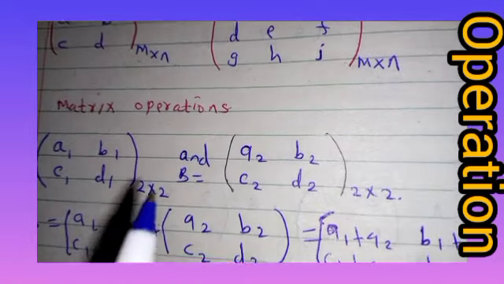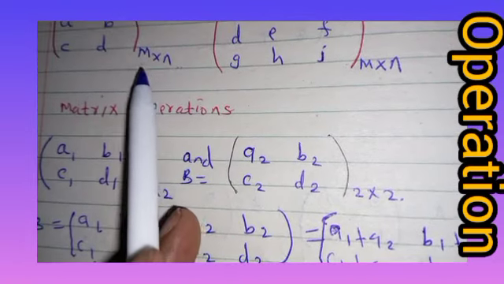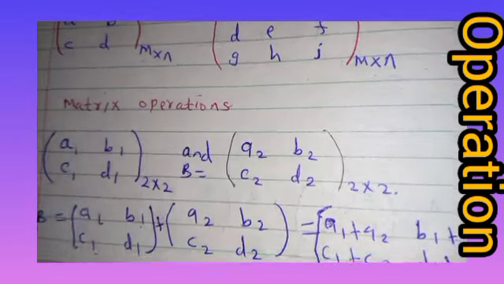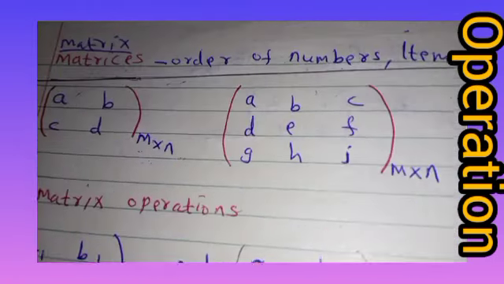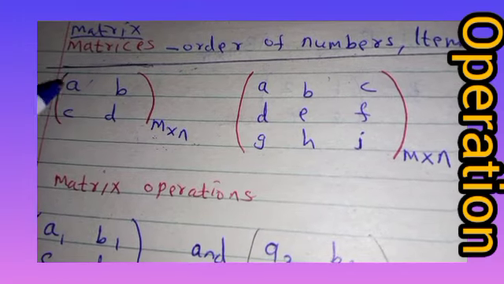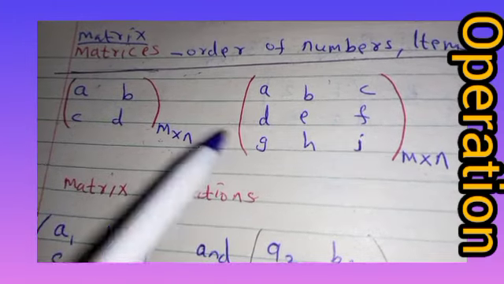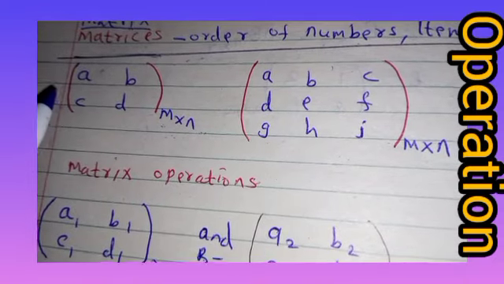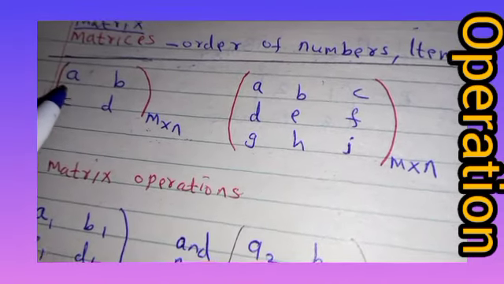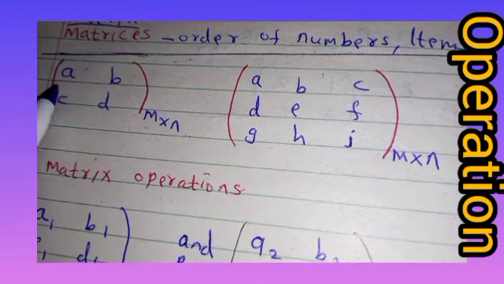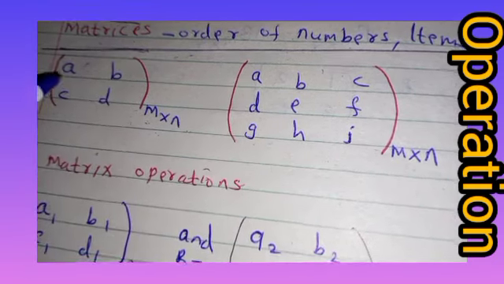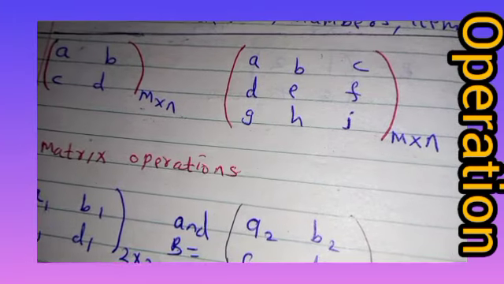So, the order of a matrix is given by the number of rows and the number of columns. The rows run from left to right, and the columns run from north to south. So the entries which run from left to right are called rows, and the ones which run from north to south are called columns.